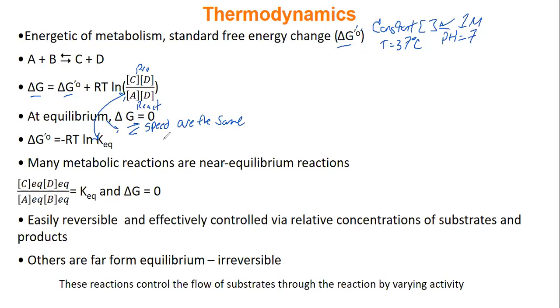And one way we can do that is by having a couple reactions be very far from equilibrium. That is, when you look at metabolism cycles, a few key reactions are very far from equilibrium. They are irreversible. They only go one way. And by having these irreversible reactions, you drive the whole system forward.